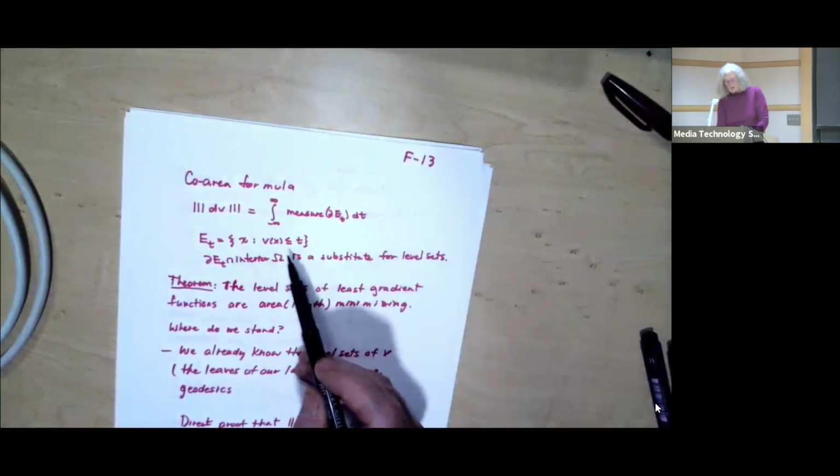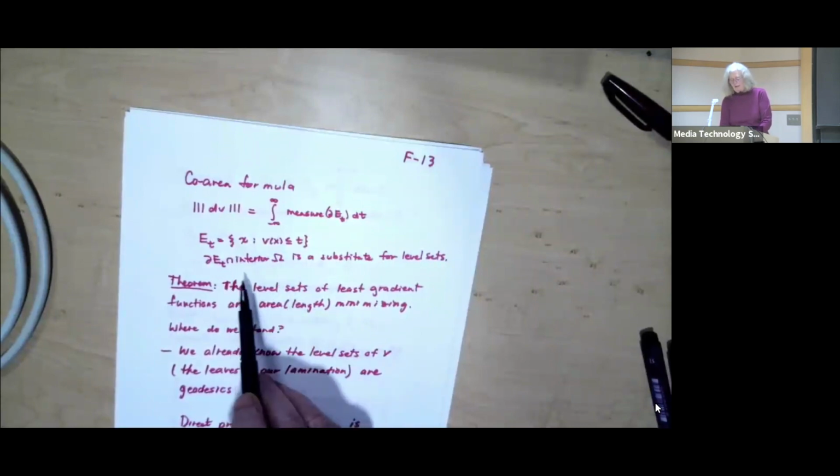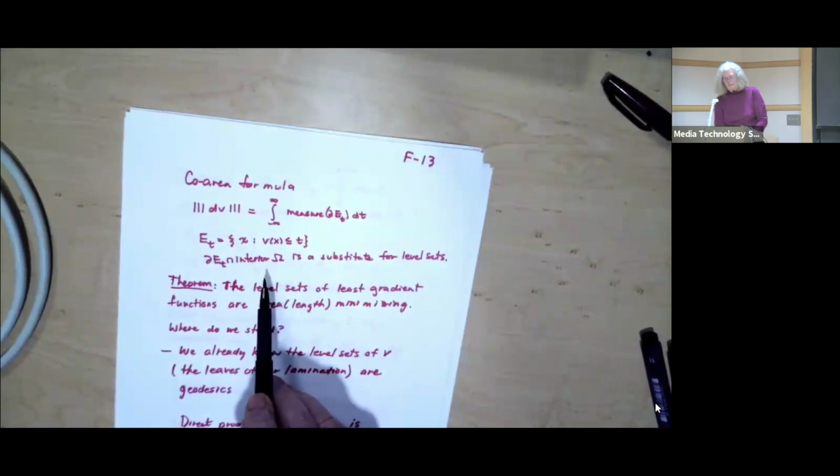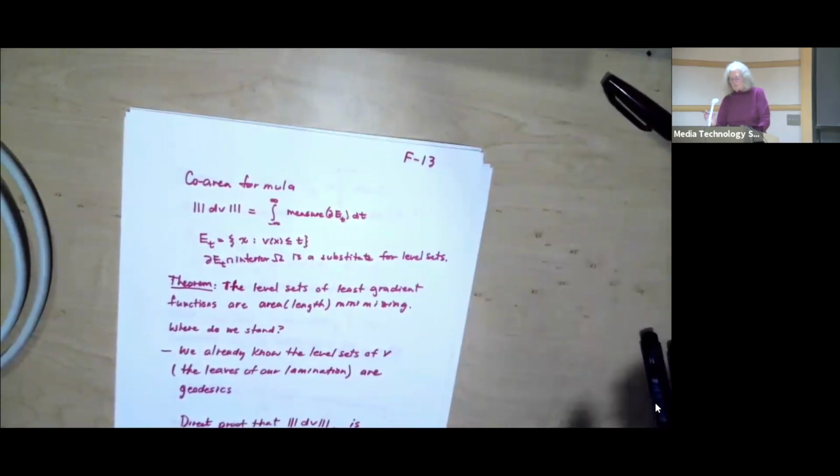And then you have to generalize this a little bit because we actually don't have smooth levels. We don't have well-defined level sets, so we just define the level sets as the boundary of the domain in which V is greater than or equal to something.